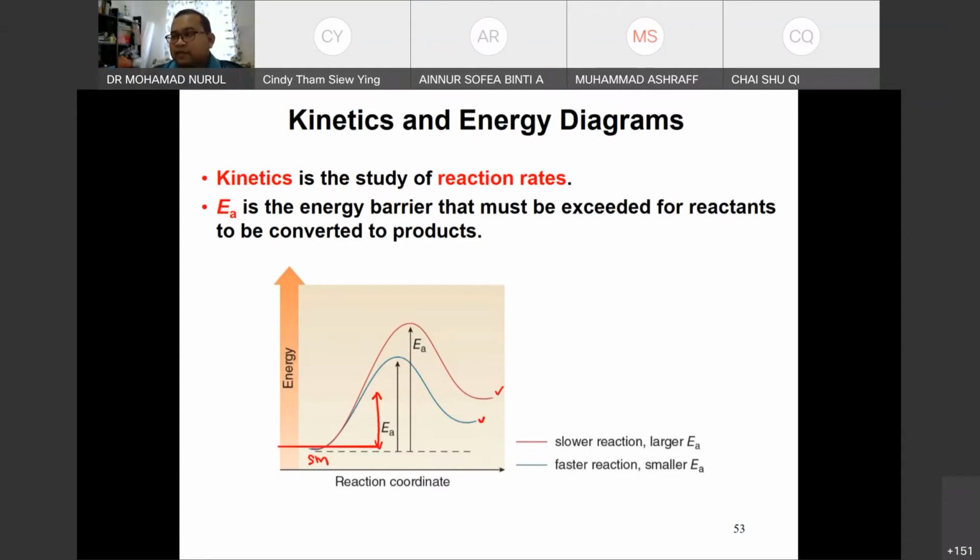That's why, for example, they need the energy: you have to heat the reaction, around 80 degrees.